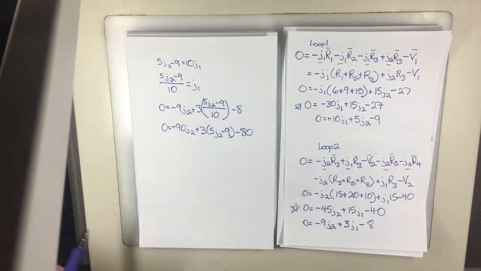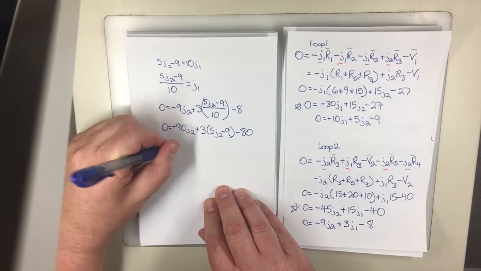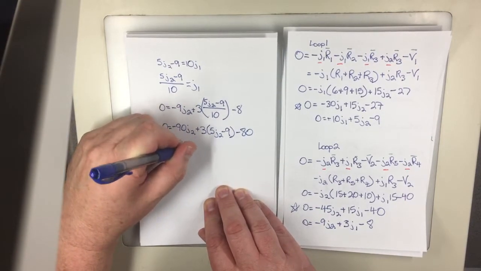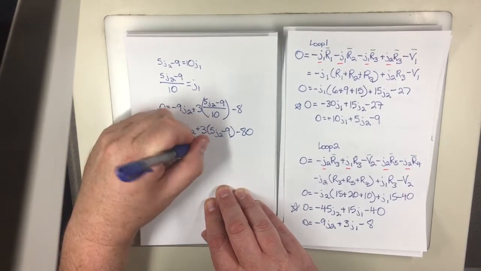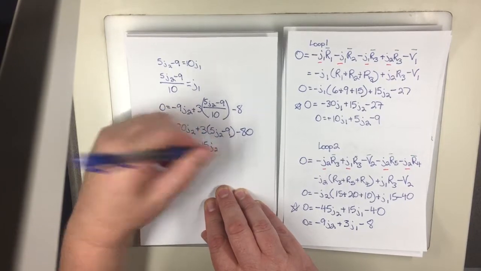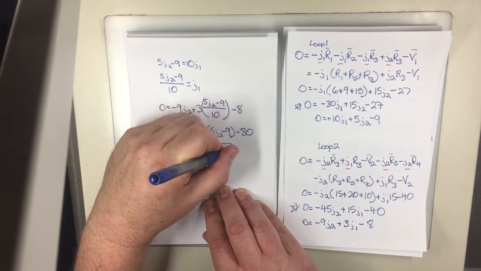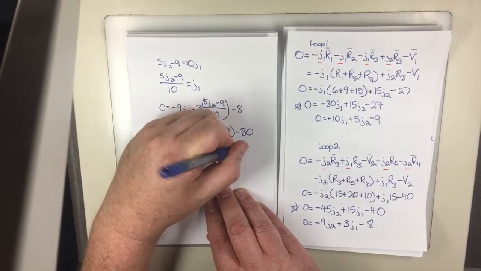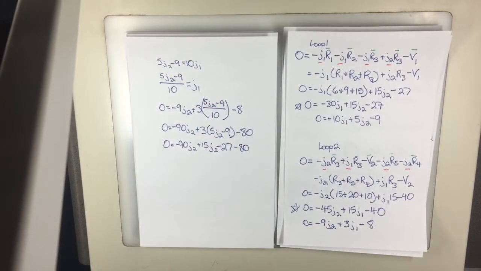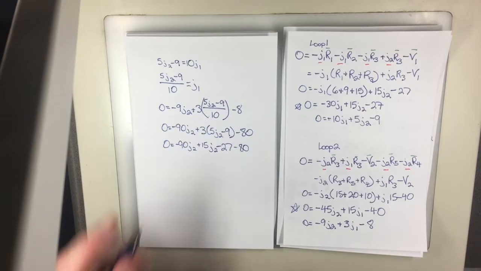I'm going to distribute the 3, and we get this. Now I'm going to mix my J2s and my numbers.